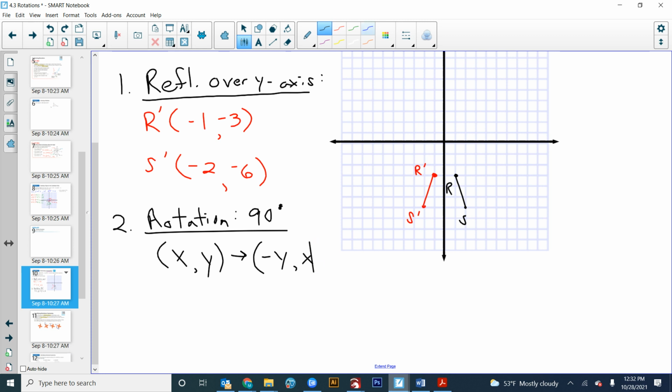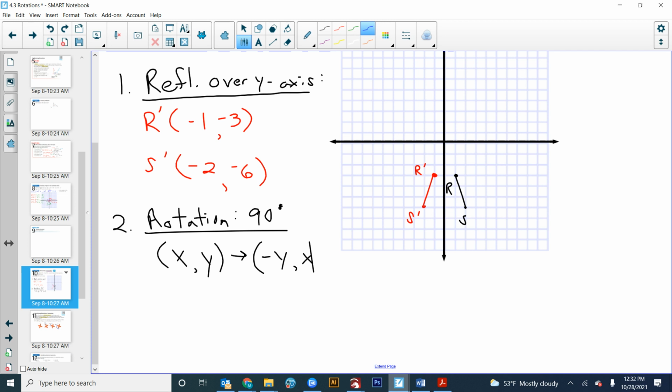Now, am I taking R and rotating it, or am I taking R prime and rotating it? What do you guys vote? Do I take R and rotate it 90 degrees, or R prime and rotate it 90 degrees? Novely. R prime. Thank you.